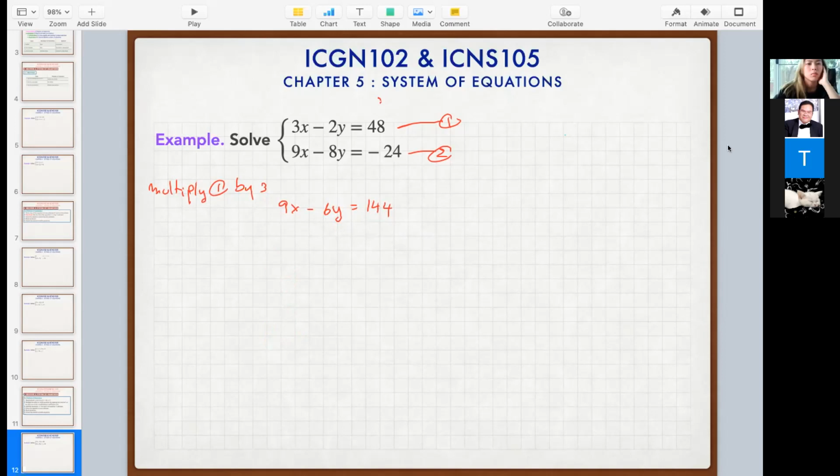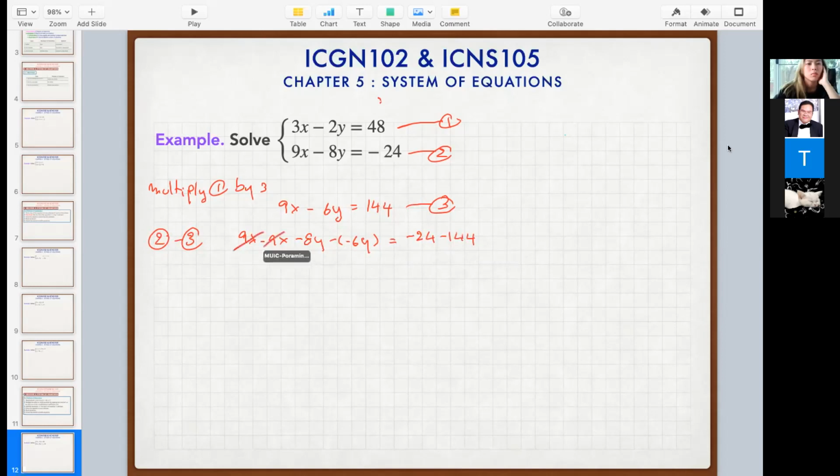After that, I subtract equation 2 with equation 3 and see what happens. 9x minus 9x, and minus 8y minus 6y, equals negative 24 minus 144. Then I can eliminate 9x.